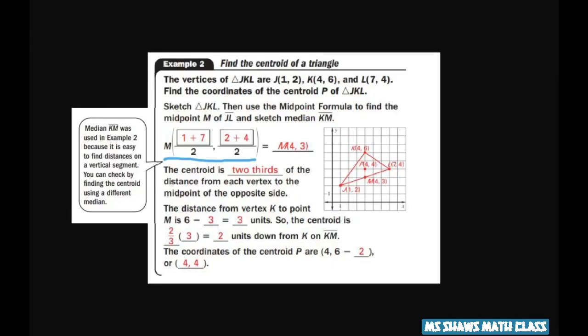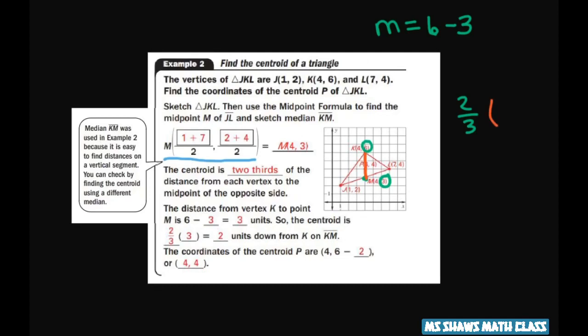So basically for M, we're going to do M equals 6 minus 3, right? Because 6 minus 3 gives you the 3. All right, so the centroid is going to be 2/3 of this whole length, which is 3.